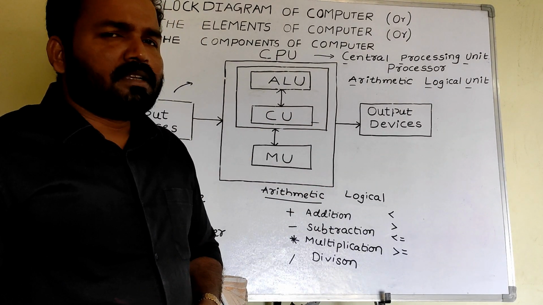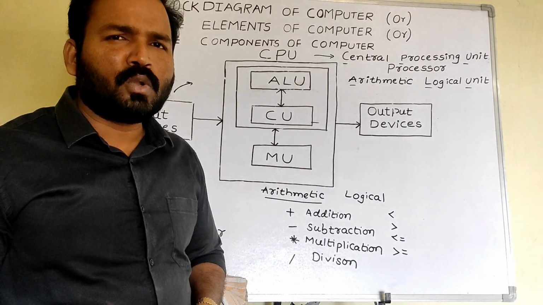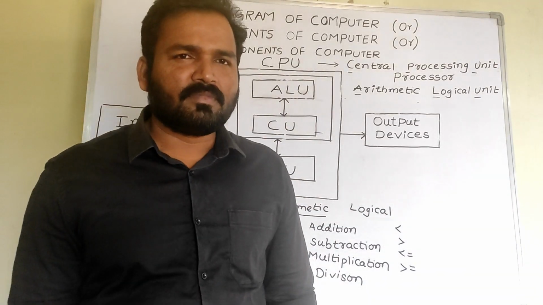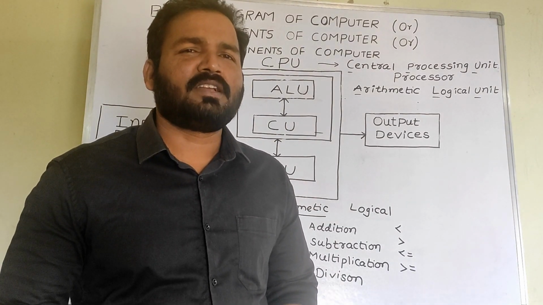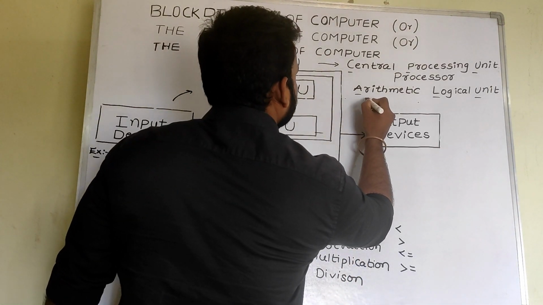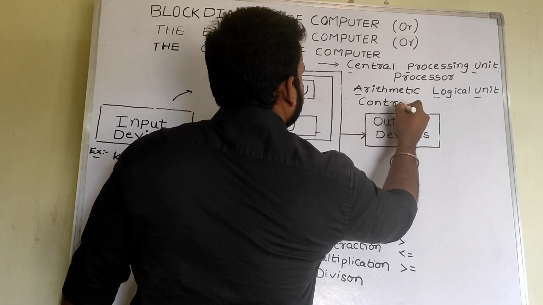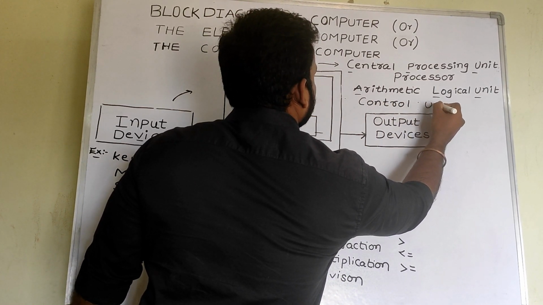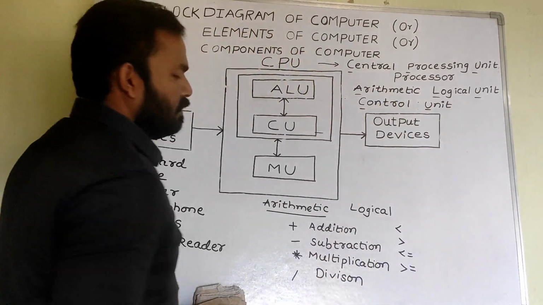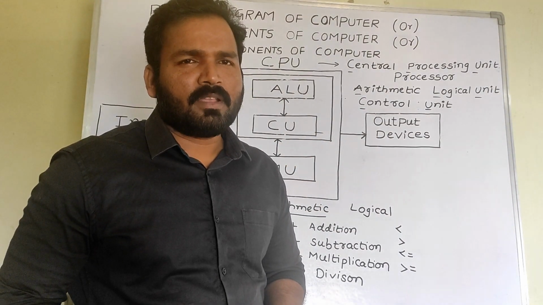Next component of CPU is what? CU, control unit. CU stands for control unit.